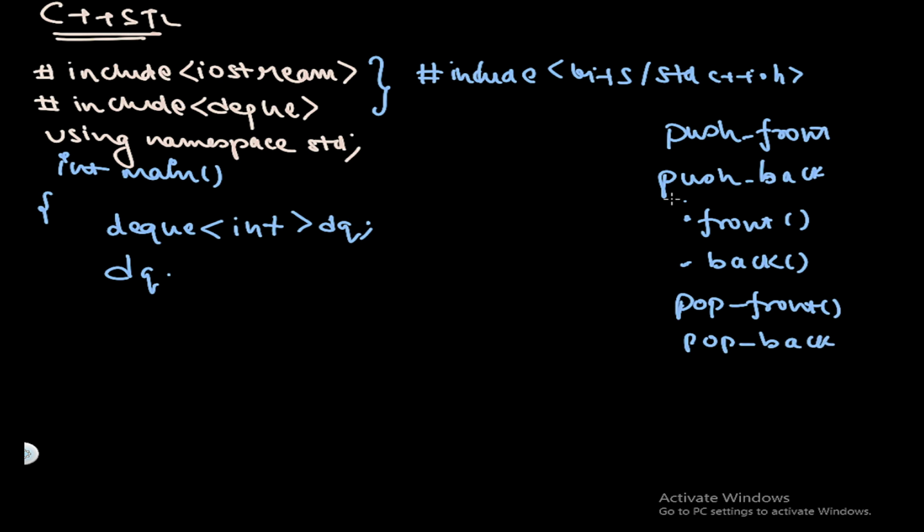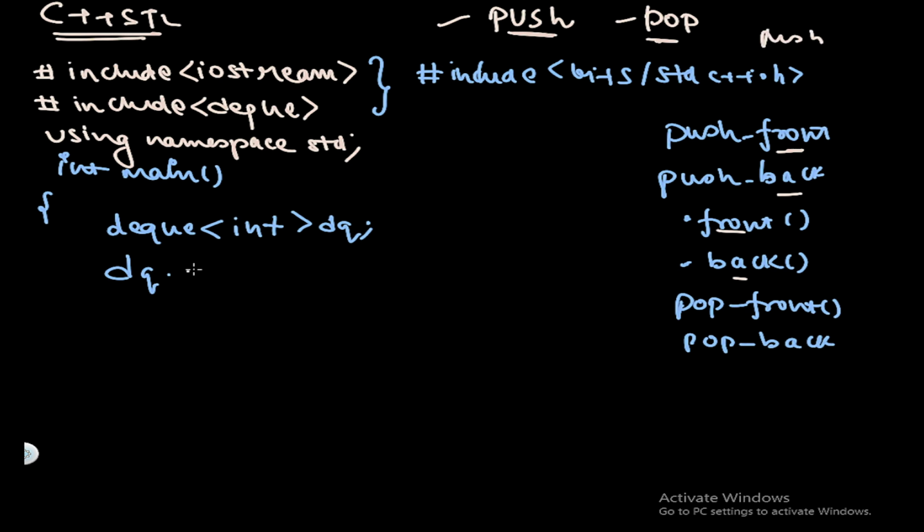Always remember, in C++ we have two things: push and pop. In a stack there is no push back or front, so simply we use push and pop. In a queue we use push, front, back and these terms. In a vector we insert at the back, so we use push_back. This is the only thing, right?